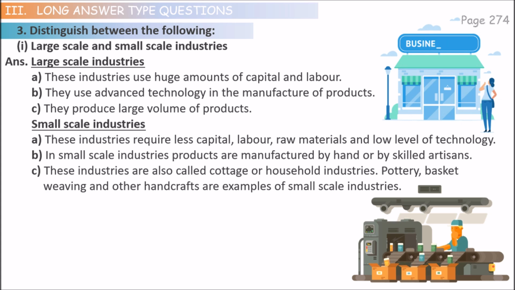Small-scale industries. These industries require less capital, labor, raw materials, and a low level of technology. In small-scale industries, products are manufactured by hand or by skilled artisans. These industries are also called cottage or household industries. Pottery, basket weaving, and other handcrafts are examples of small-scale industries.